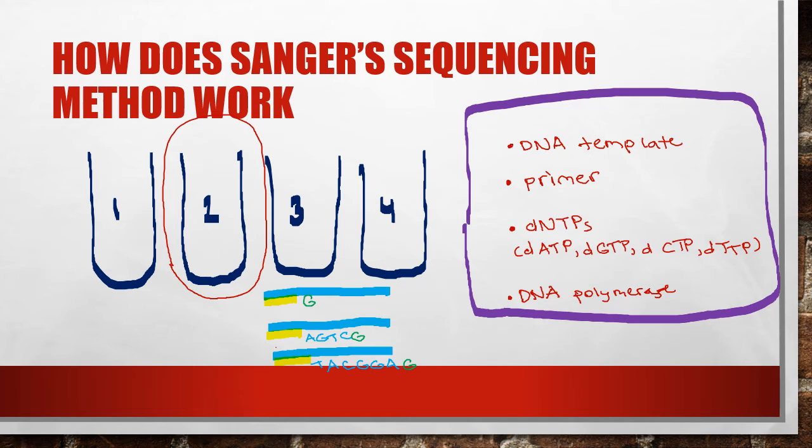However, if you know the length of the DNA sequence, you will know where the nucleotide is located. Again, in this case, we have ddGTP, and this DNA sequence is 1, 2, 3, 4, 5 bases long.